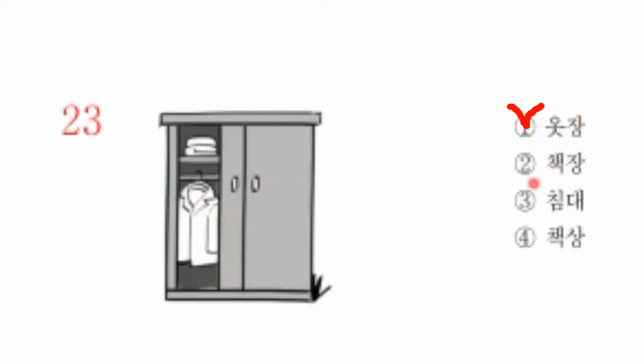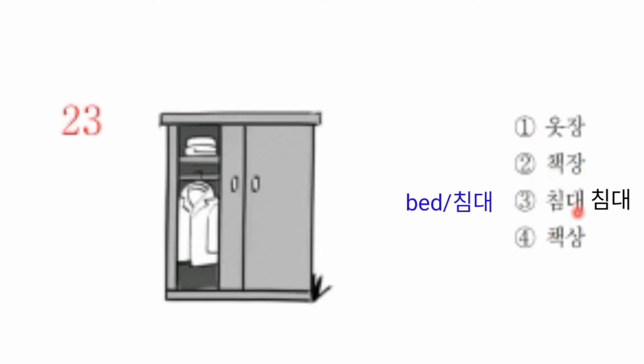Number 2, tingnan din natin. Nakalagay dito is 책장. 책장 is what? Okay, it's not 책상. 책장 means bookshelf. Lalagyan ng libro. 책 means book. And then number 3 is 침대. 침대 means bed.